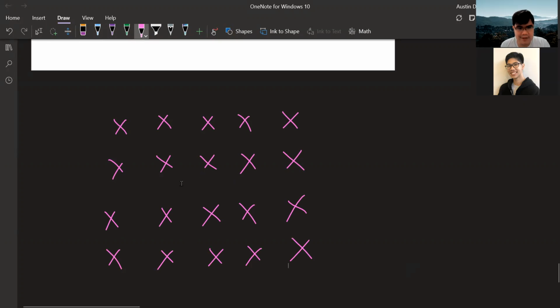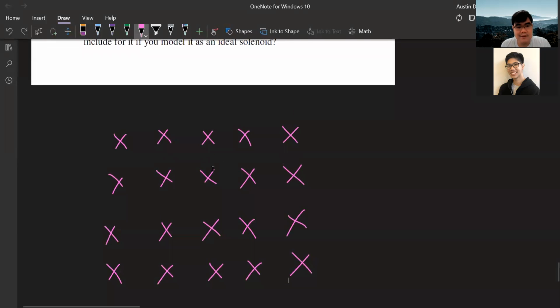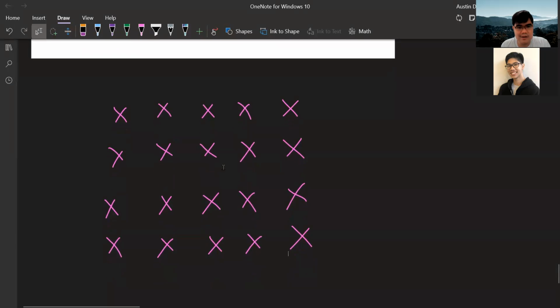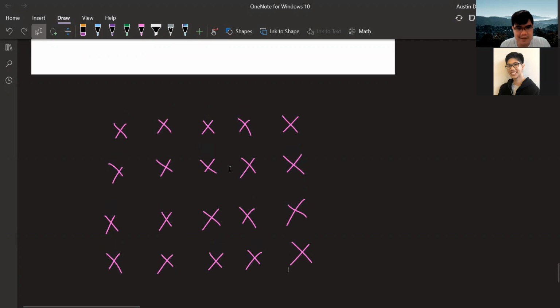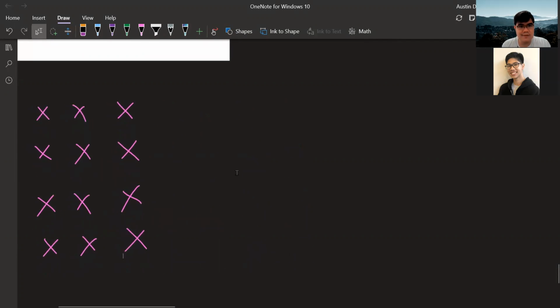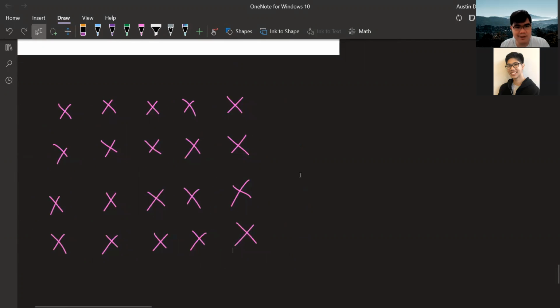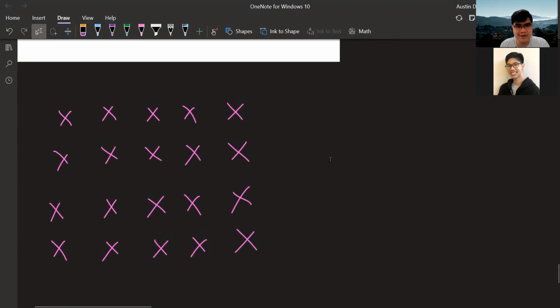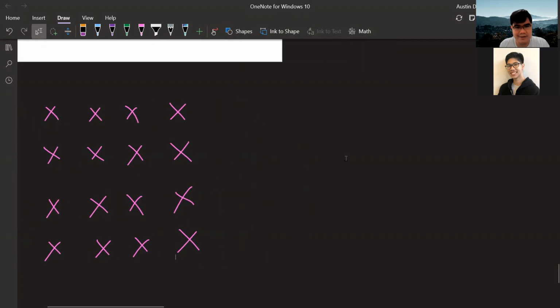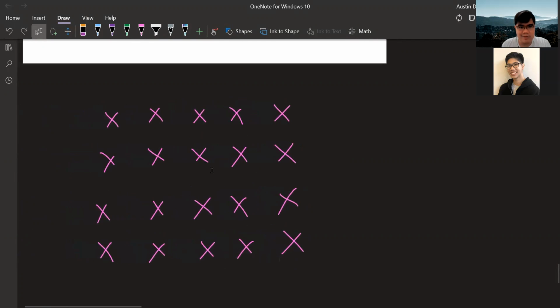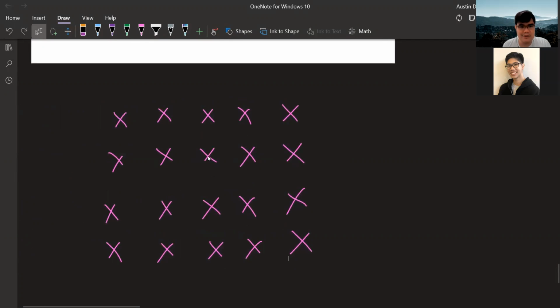Kunwari meron kang magnetic field that is into the page. Okay, so pag sinabi kong counterclockwise with respect to the magnetic field, so dapat yung thumb nyo nasa direction ng magnetic field, tapos yung fingers nyo yung magde-decide ng counterclockwise. So right hand rule siya. So pag sinabi ko yung counterclockwise in this sense, clockwise siya talaga. Okay, clockwise siya.